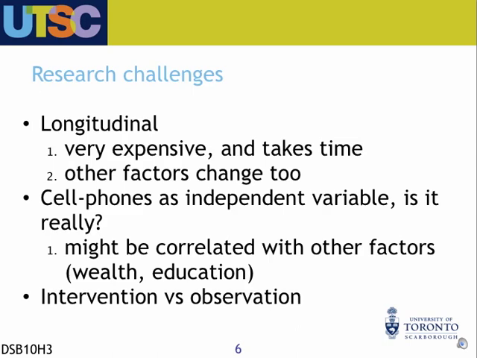So an intervention study means that you go in there and you change one of these variables, for example, by giving people cell phones, by training them, by doing something to their lives which you want to measure. So the thing that you're doing is typically the independent variable. And of course, when you do it, you try to make sure that the people you do it to are a representative sample.